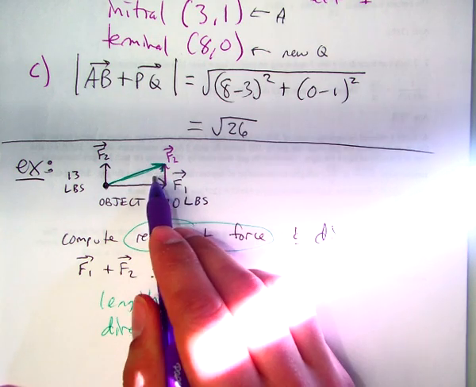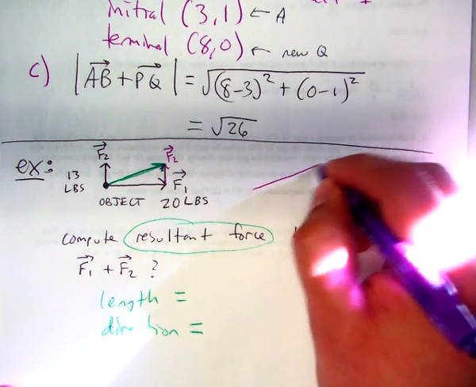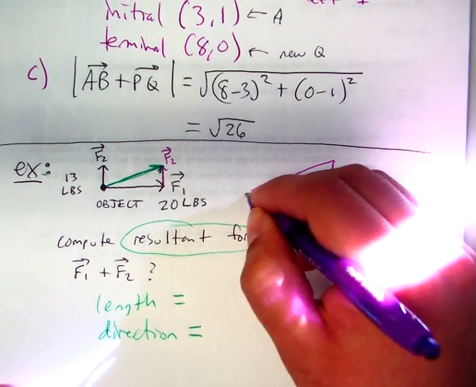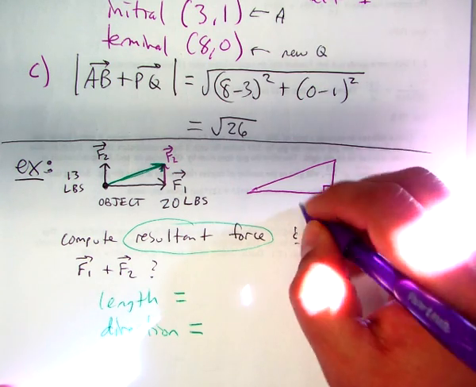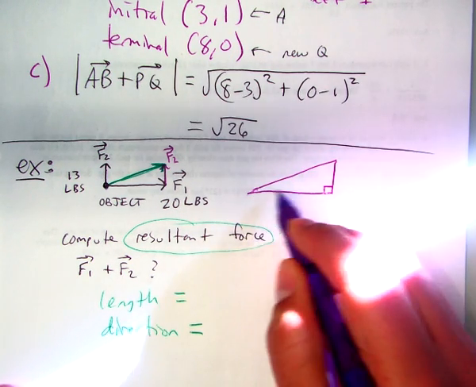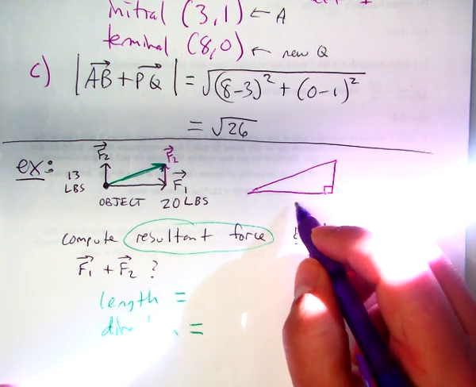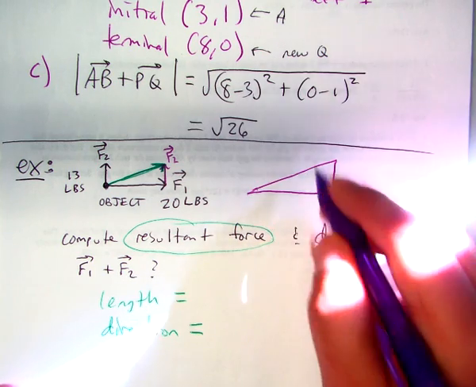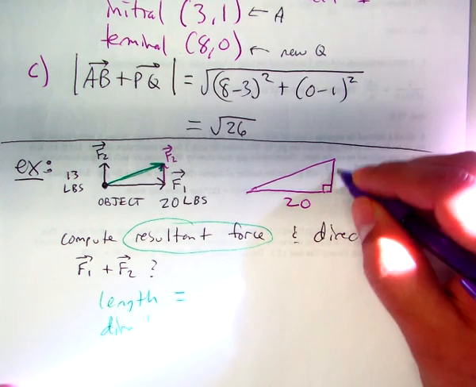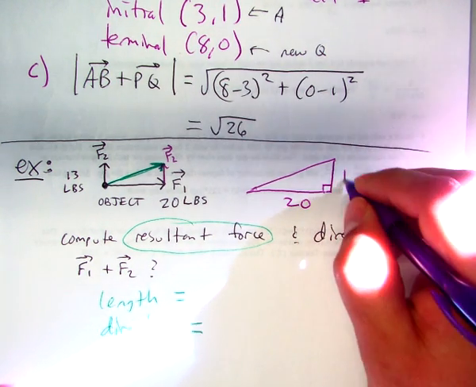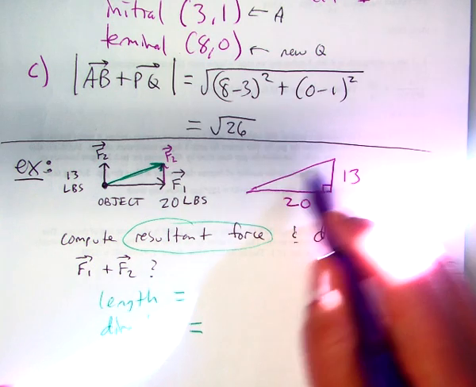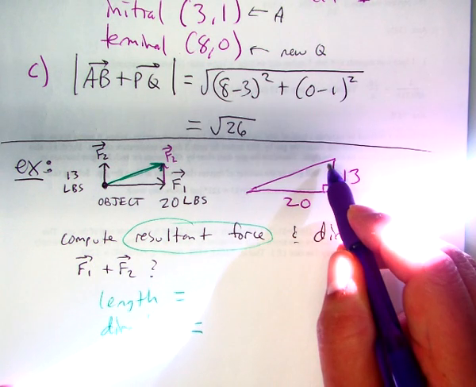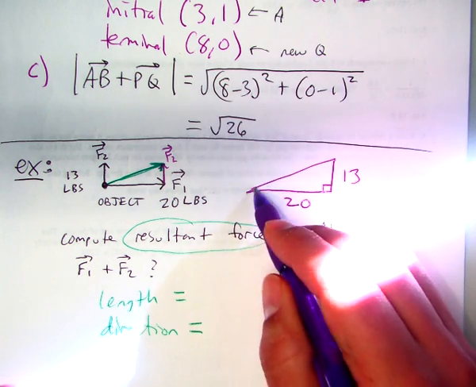It's a right triangle. Let me redraw this so it's not so cluttered. How long is this bottom side? What was the force in that direction? 20. What was the force in the vertical direction? How can we find the length of this? Pythagorean theorem. It's just finding the length of the hypotenuse.